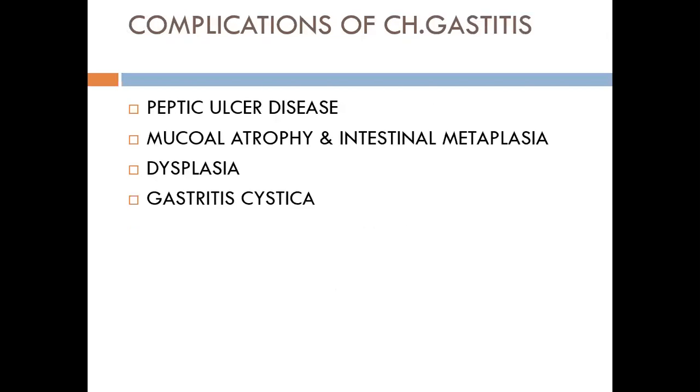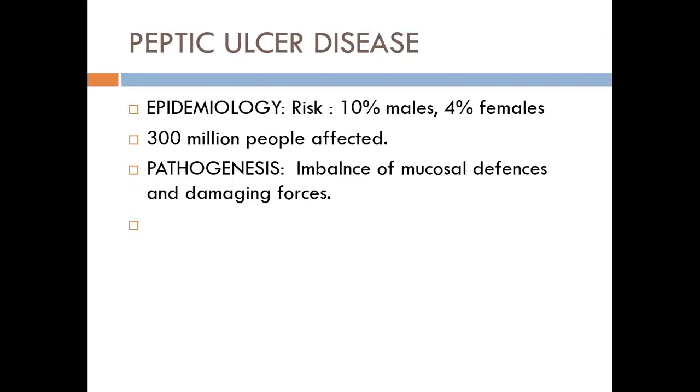Then complications of chronic gastritis: peptic ulcer disease, mucosal atrophy, intestinal metaplasia, dysplasia, and gastritis cystica.